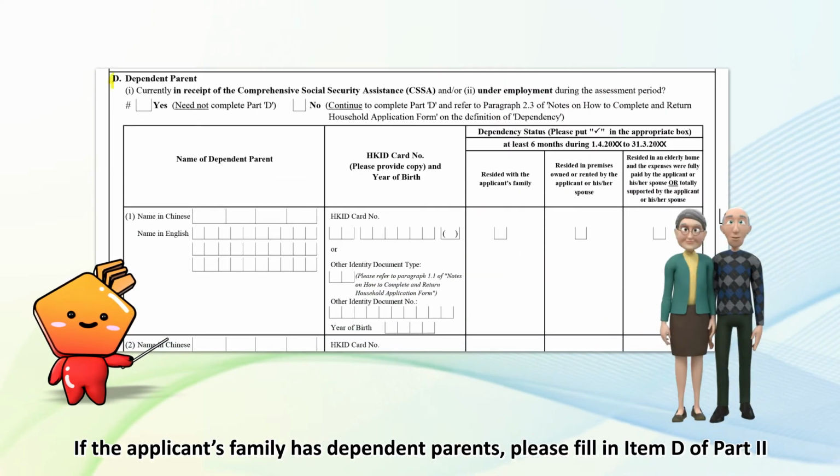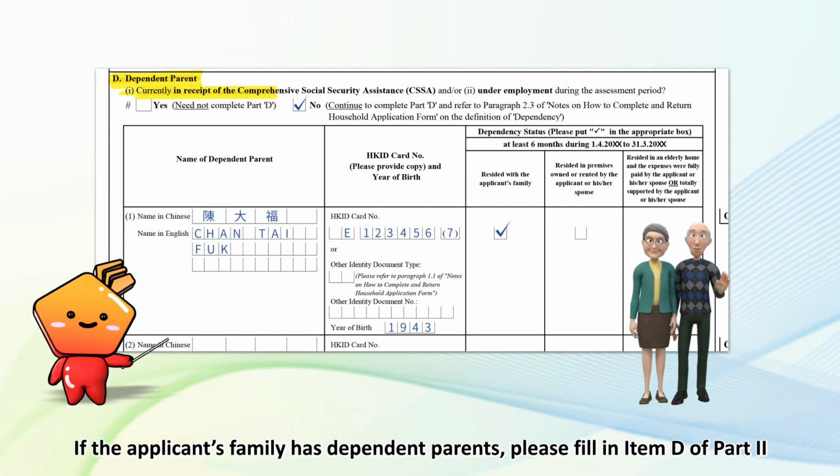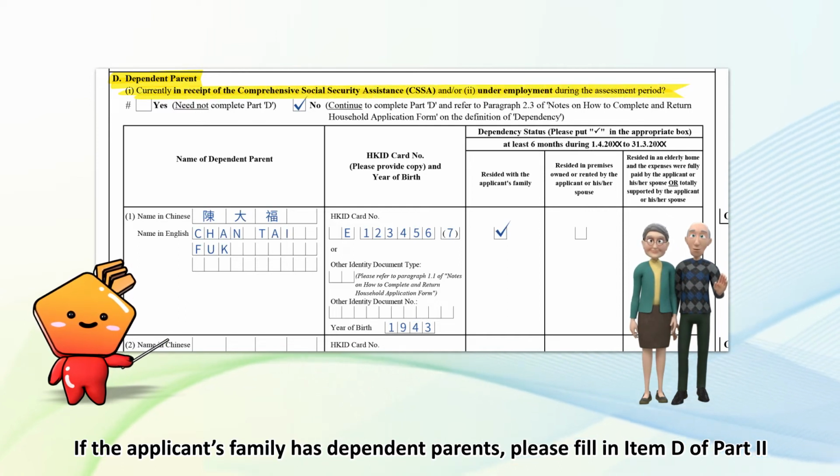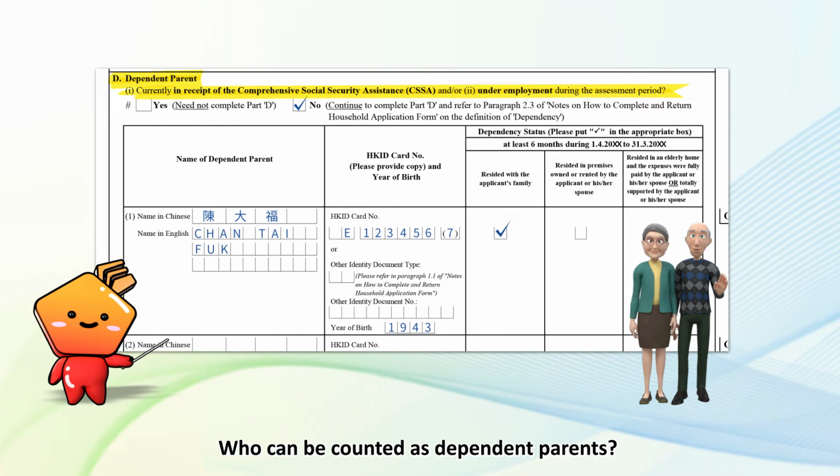If the applicant's family has dependent parents, please fill in Item D of Part 2. Who can be counted as dependent parents?